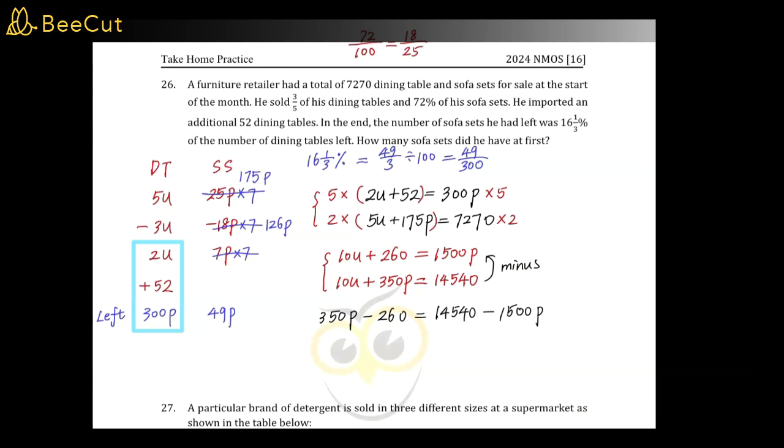So rearrange it, plus 1500p is 1850p, then plus 260, this equals 14800. Divided by 1850, 1p equals 8. Right, the number of sofa sets at first is 175p. So the answer is 1400.